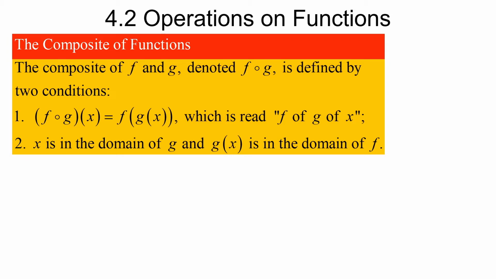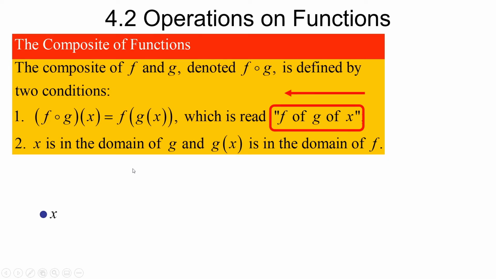Okay, and how do we read this? f of g of x. Or over here I would say f composed with g of x. Now, let's draw a picture of this. So f of g of x, I like to diagram this going from right to left. So I'm going to start with an element x. And then what am I going to do?